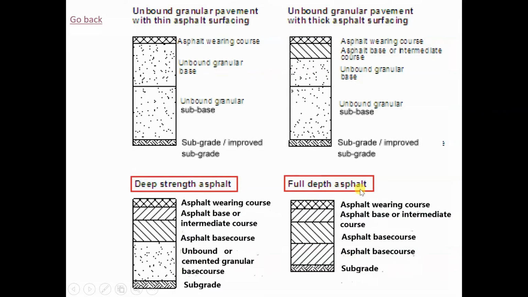On the other hand, for the full depth asphalt, all of the layers will be asphalt base course; they just put it as asphalt base course. So all the layers above the subgrade, when bound with bitumen, are termed full depth. But if only part of it is bound with bitumen, and the other part is unbound or other material like cemented, it is termed deep strength.